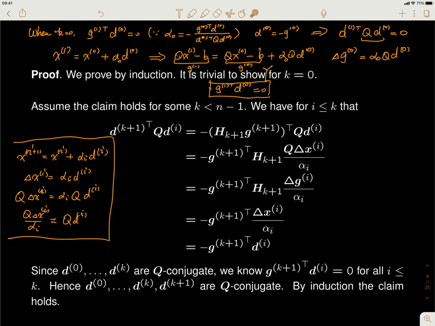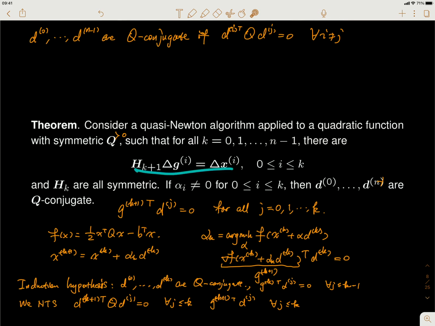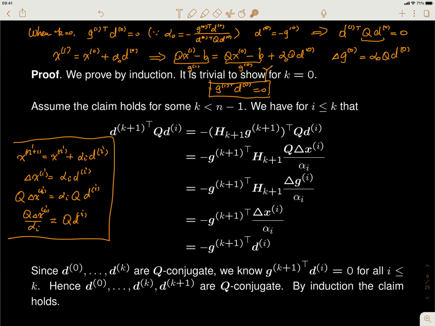And then we assume, since we always assume this is true, we want to continue. For general dk plus 1 transpose times Q di, we can show that this is equal to this. But because we have assumed that the di's, from d0 to dk, are all Q conjugate, the next dk plus 1 must be perpendicular to all the previous di's.